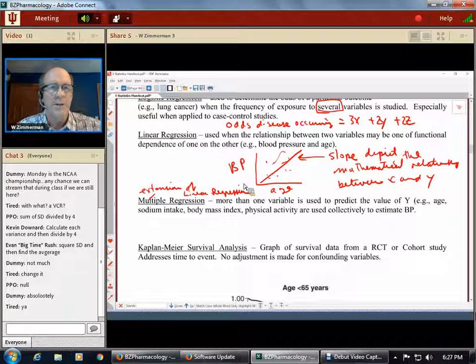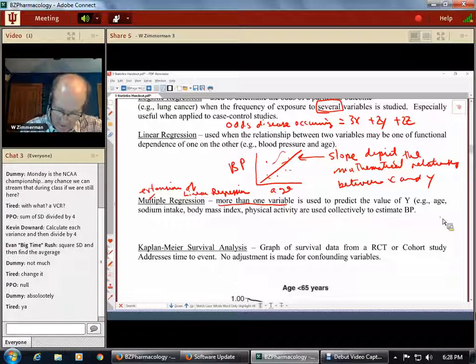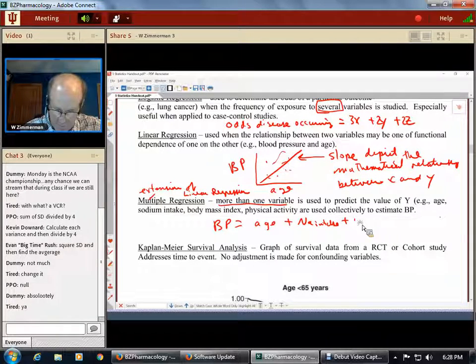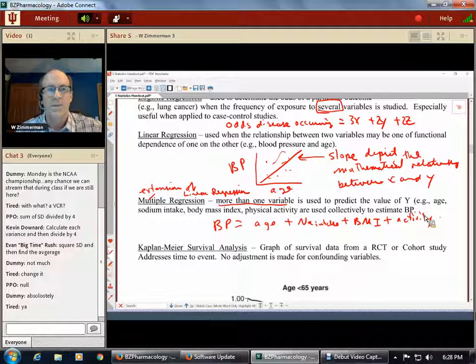And in multiple regression, we're looking at several factors, more than one variable, used to predict the value of Y. So, now if you're looking at blood pressure, it is equal to age plus sodium intake plus the person's BMI plus their activity. Several factors come together. And then once again, you can have coefficients in front of each of those.